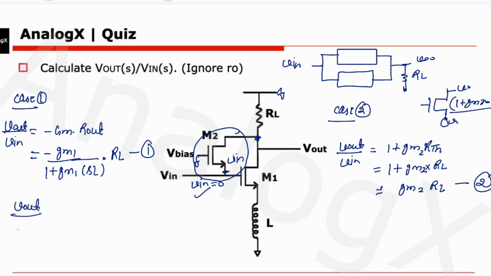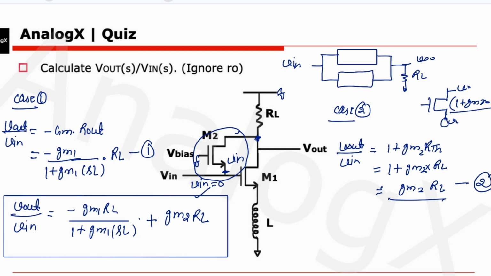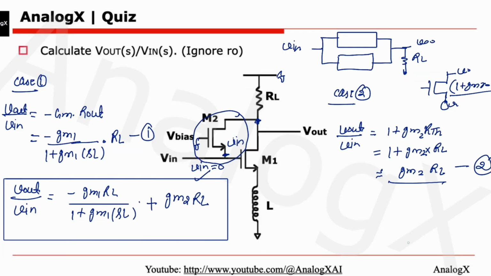So the total V out by V input will be minus Gm1 RL divided by 1 plus Gm1 RS, plus this term Gm2 RL. So this is my total output, the total transfer function.